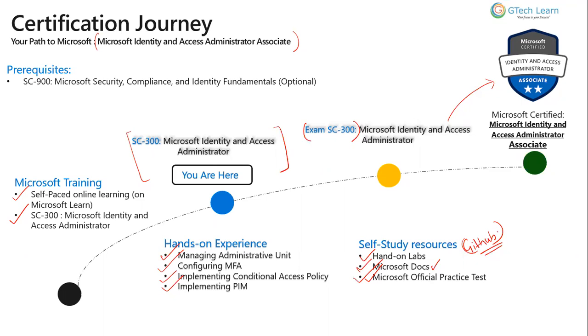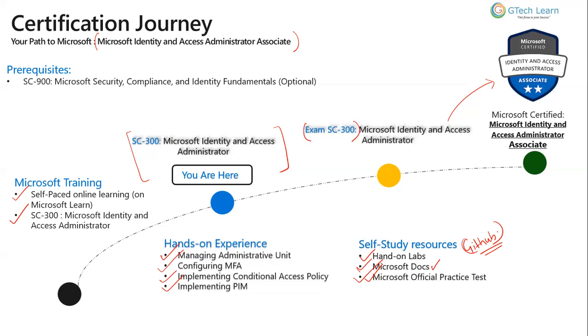You can prepare yourself with the different Microsoft docs, and then you can go with the Microsoft official practice test, and you can prepare yourself to crack your Microsoft certification exam for SC-300, and then you will get the badge and you will be certified as a Microsoft Identity and Access Administrator Associate. So that is all about the certification journey.